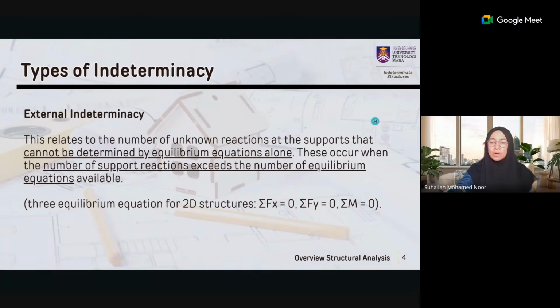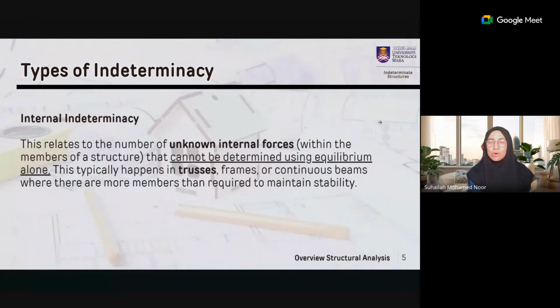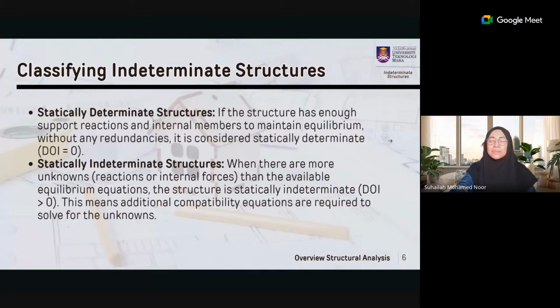We have another one called internal indeterminacy, and it occurs in truss systems only. In a truss system, it can have external indeterminacy, internal indeterminacy, and it can have both external and internal indeterminacy for a two redundant case.